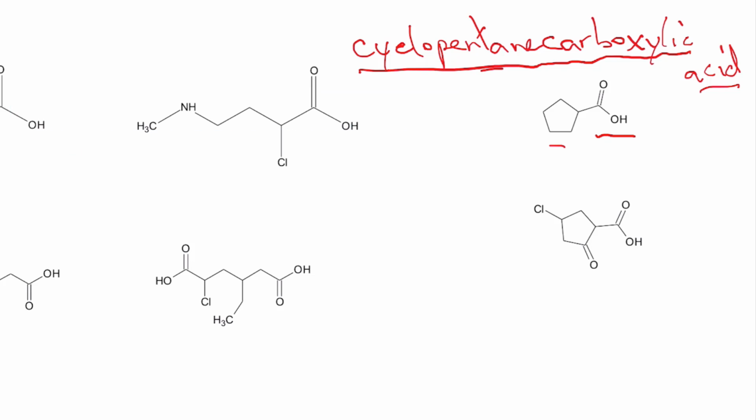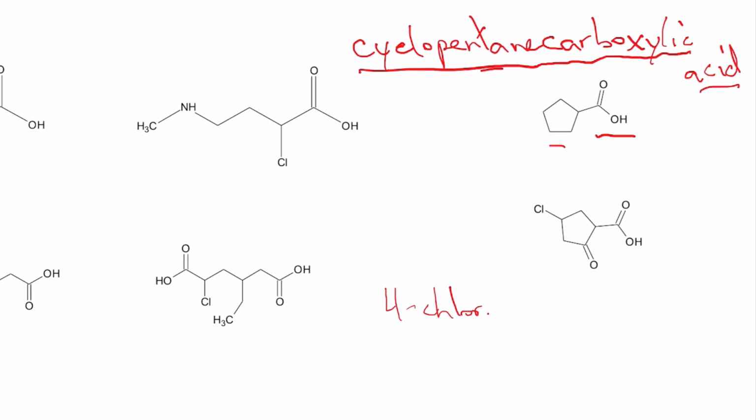Now, if we have other substituents hanging off of it, in the 1 position, I'm going to have the carboxylic acid. And what I want to do is try to create the lower number of substituents. So 2, 3, 4. If I go this way, I'll have a 2 and a 4. If I go in this direction, I'll have a 1, 2, 3, 4, 5. I'll have a 3, 5. So we'll keep it at the 2 and the 4, but writing it out will always be alphabetical. So in this case here, I'm going to have a 4 chloro.